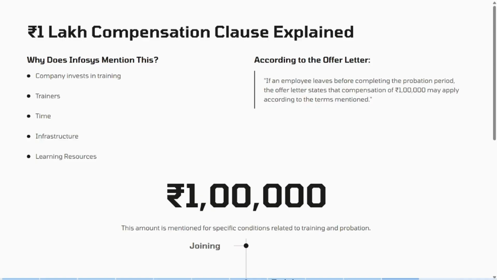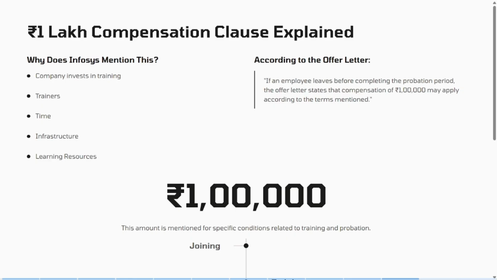One important point I want everyone to understand is this: don't read only the amount. Read the complete clause carefully. The document explains why the company included this condition and also describes the situation connected to it. That's why it's important to understand the full section instead of focusing only on the number. My advice is simple: before accepting any offer, take a few minutes and read the important employment conditions.